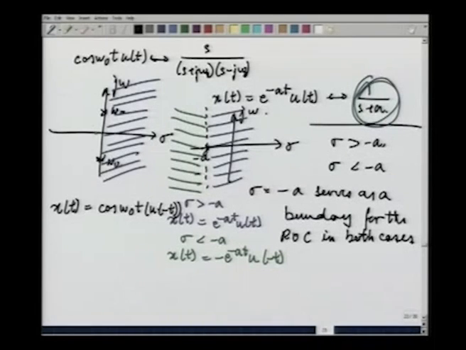then it is a function that will expand leftwards. Probably you will have to take minus cos omega naught t u minus t. That is something you can settle by just solving the integration. But for this you would get an expression that is similar to this, but it would have an ROC of sigma less than 0, and you would therefore get this as the ROC.